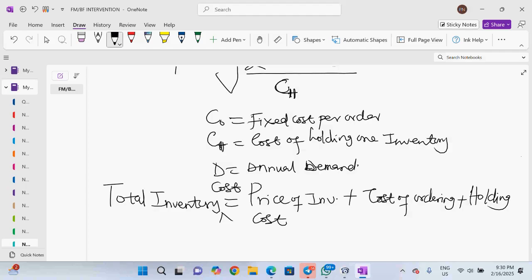Total inventory cost is equal to the price of the inventory plus the cost of ordering plus the holding cost, right?